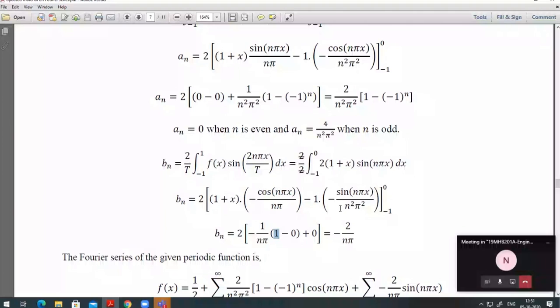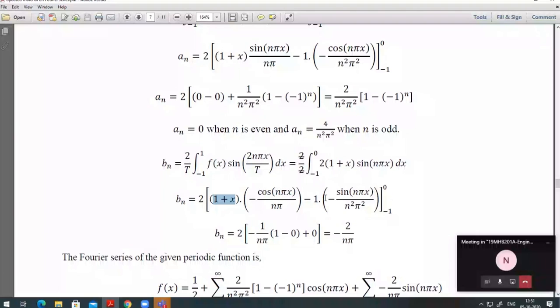For the second term, at the upper limit sin 0 is 0 and at the lower limit sin n pi is 0, so both are 0. So this gives b_n is minus 2 divided by n pi.